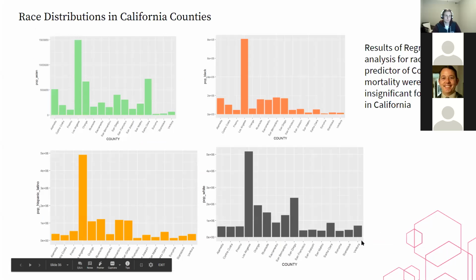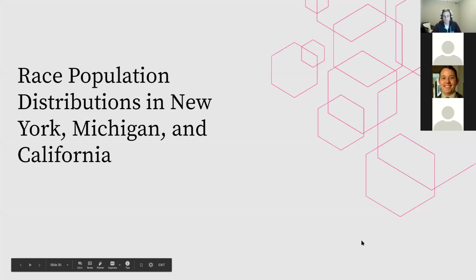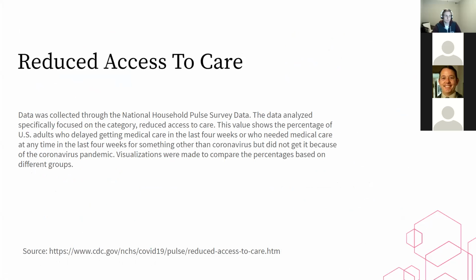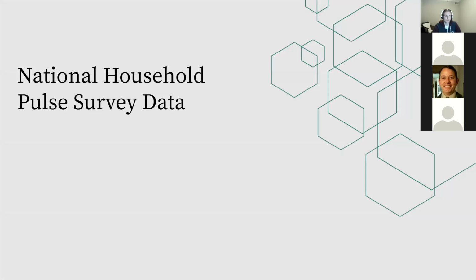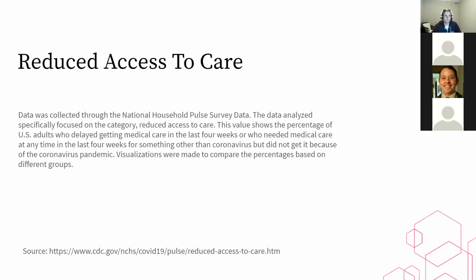Before I finish up, I want to touch back on the reduced access to care. This was a survey that the CDC produced, and it was analyzed specifically focused on the category reduced access to care.